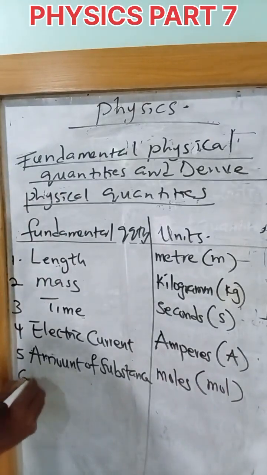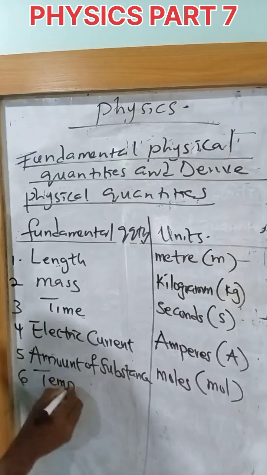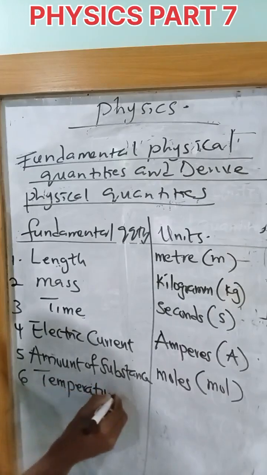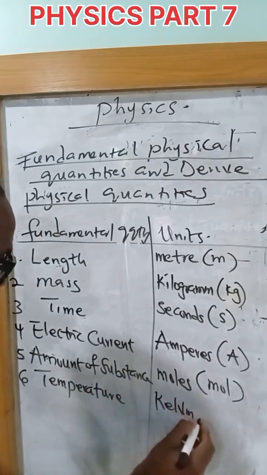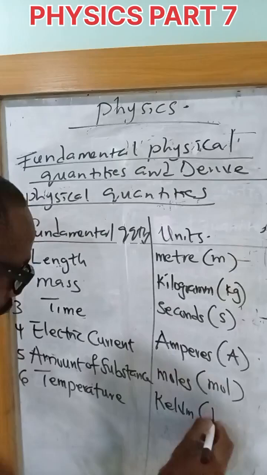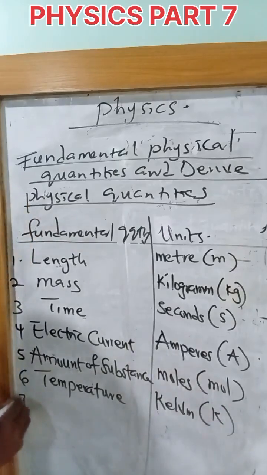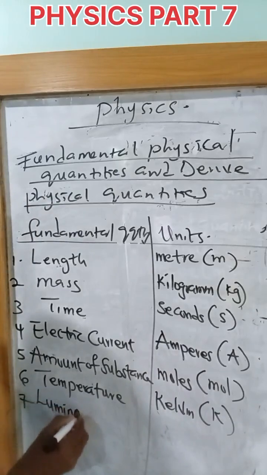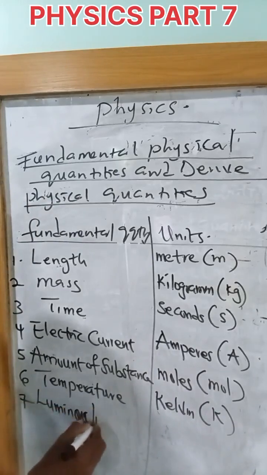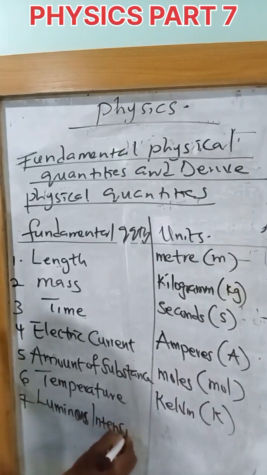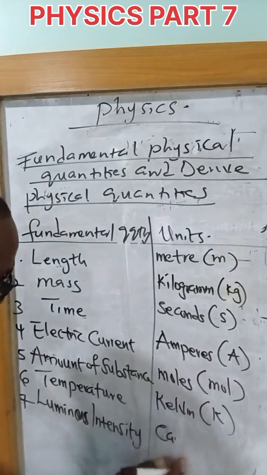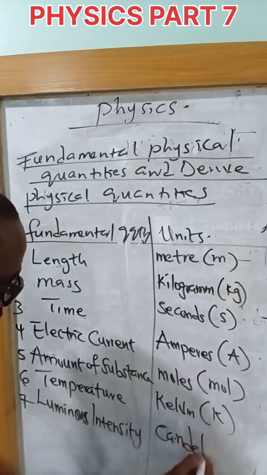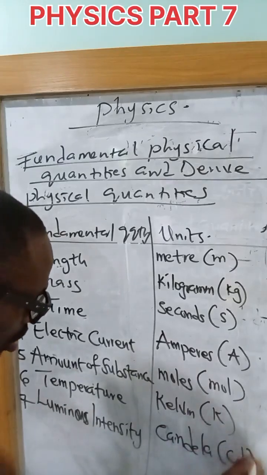Number 6, we have temperature, whose unit is Kelvin, represented as K. And lastly, the 7th one is luminous intensity, represented as candela, cd.